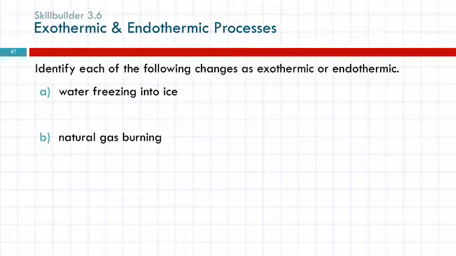If it absorbs energy, if you, say, put it in a saucepan on the stove and turn the heat on and put energy into it, does that cause it to freeze? No, that causes it to melt, right? So this is the opposite process of melting. If melting is absorbing energy, then freezing must be releasing energy. That's exothermic.